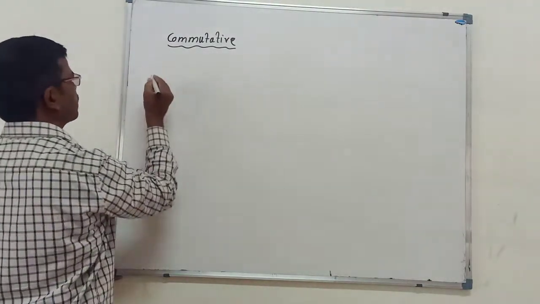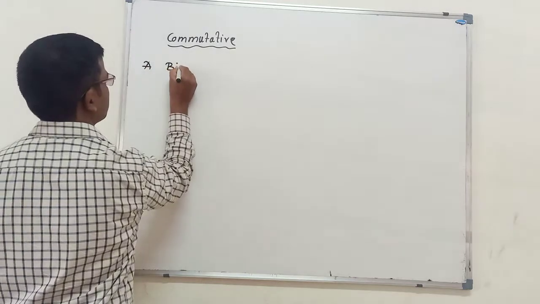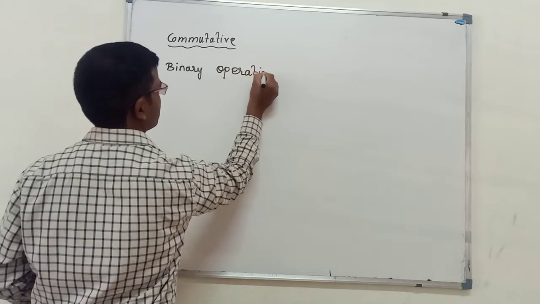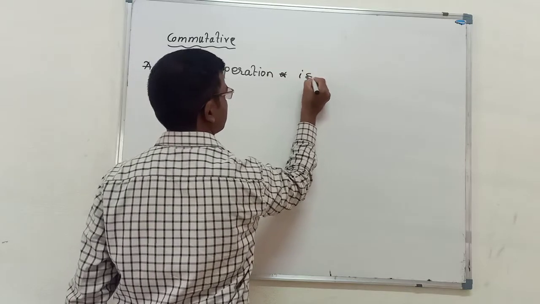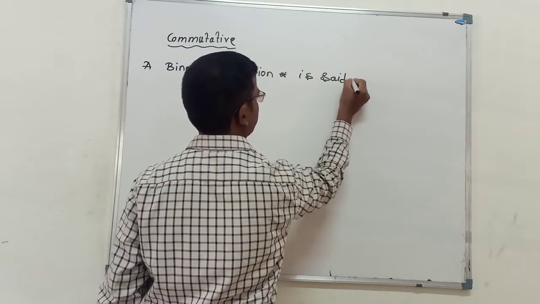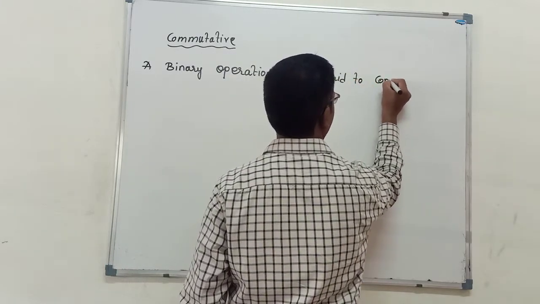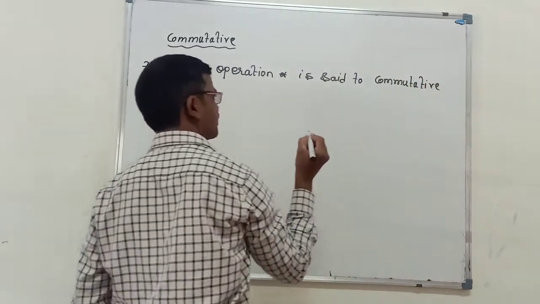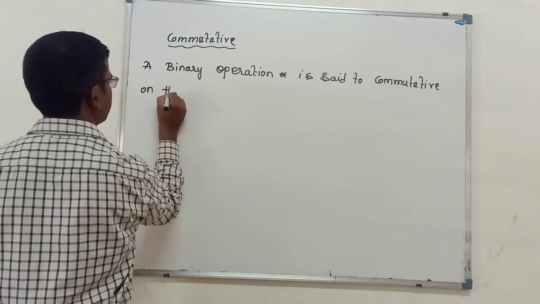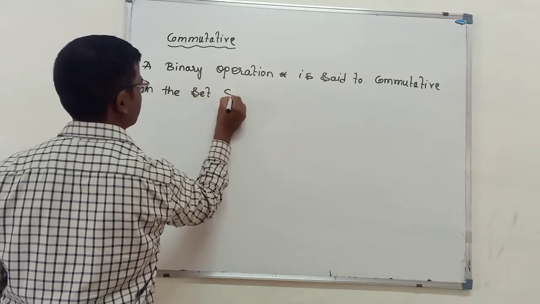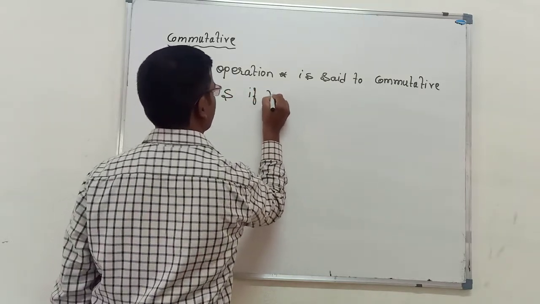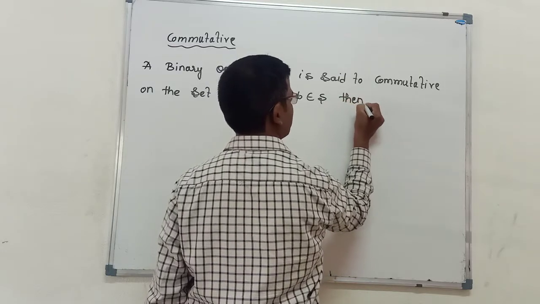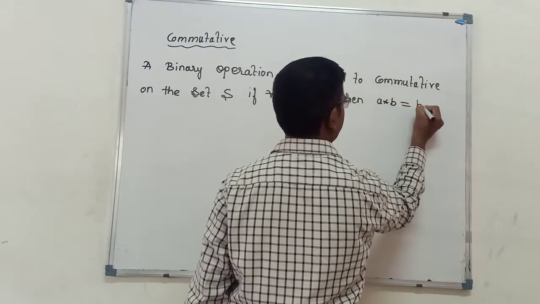What is that property? A binary operation star is said to be commutative on the set S if for all a, b belonging to S, a star b is equal to b star a.